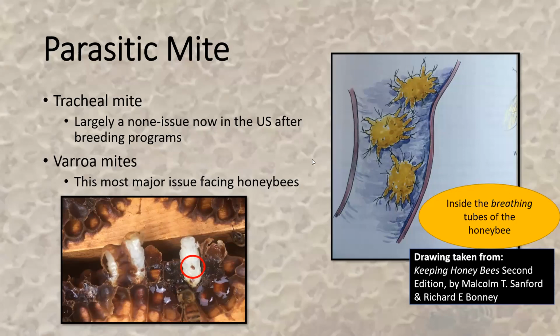Hey, Patrick? Yes? Sorry, just a quick question about the picture. What's the white that we're looking at? I see you have the mite circled. Yep, that's an open pupa. Oh, that's an open pupa. So that's not in the adult bee, right? That's not in the adult bee.